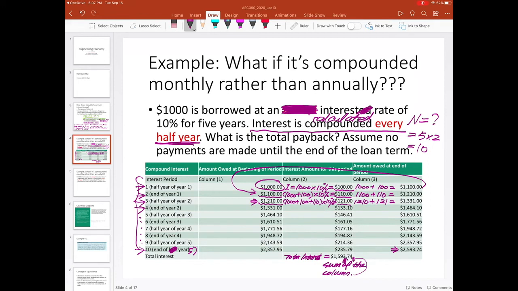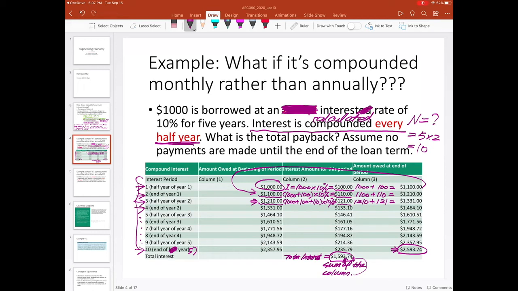All right, so if we calculate it manually, it will give us this total interest and this total amount you owe to the bank at the end of the 10th period, which is also the end of the 5th year.